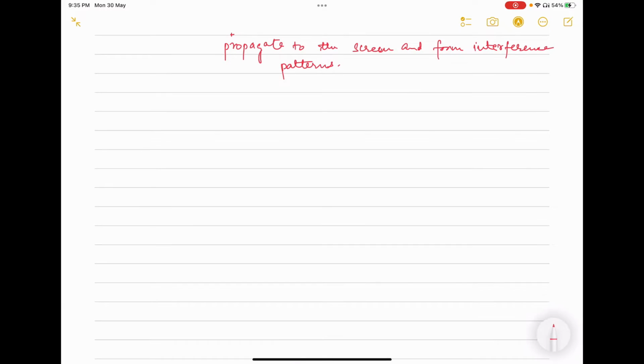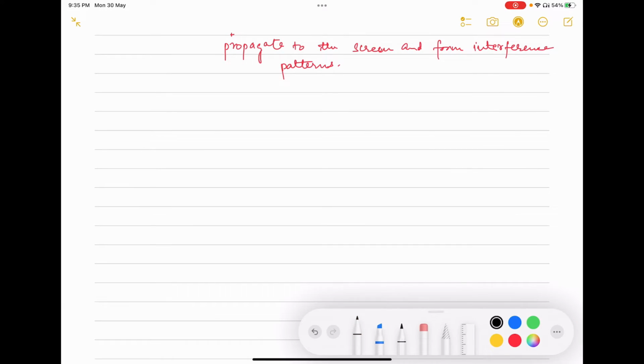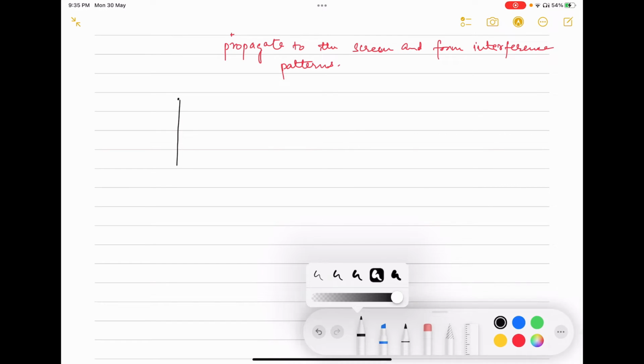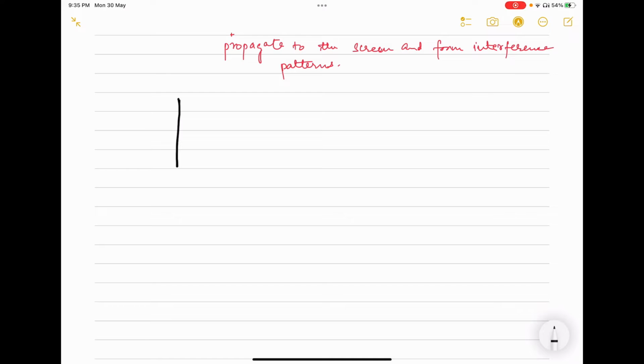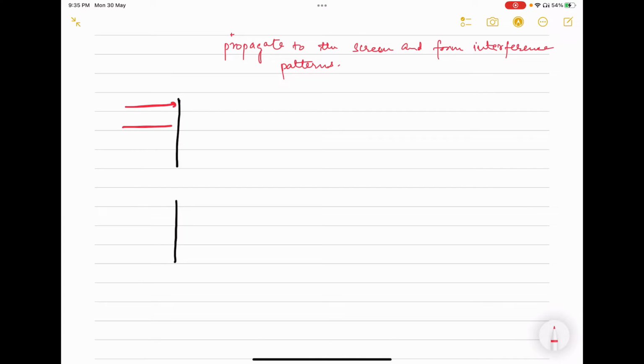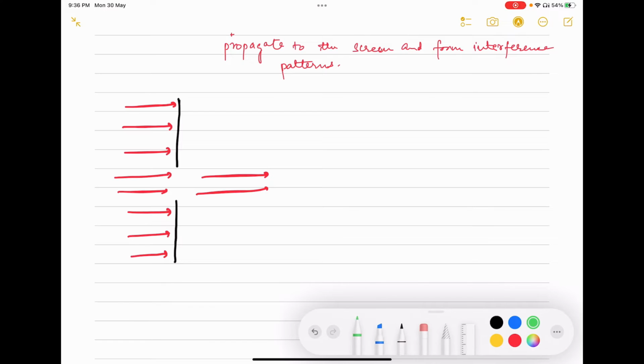Now let us see some examples. Suppose we have this slit. Now certain waves are coming, separated by some distances, and these actually do not hit the edges. So the waves in the middle pass as they are and form a continuous intensity on the screen.